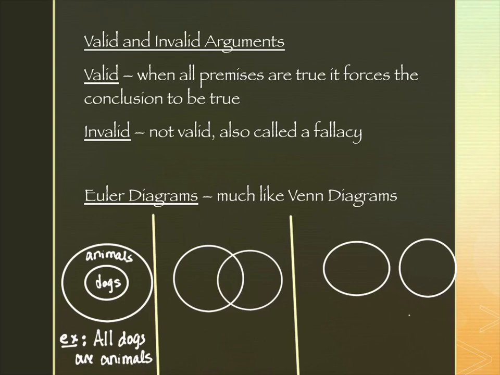The second one you're going to see is the existential quantifier. In this example, we're going to use the word some. So they'll always say something like some, or at least one, or there exist. This is the existential diagram.